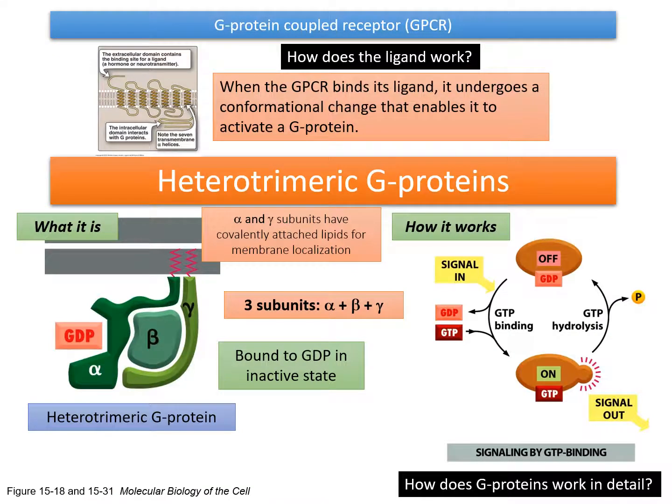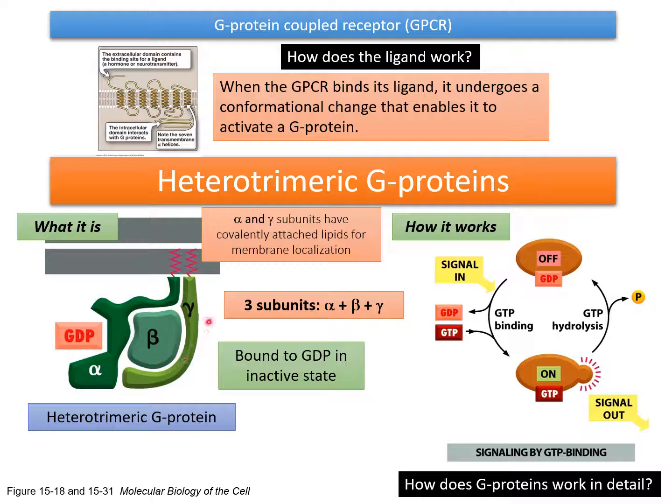So once we have our ligand that binds to the extracellular domain out here, and we get this conformational change and then induce the intracellular conformational change, how do these things work? Well, they work by interacting with these heterotrimeric G proteins. And these consist of an alpha, beta, and a gamma subunit.